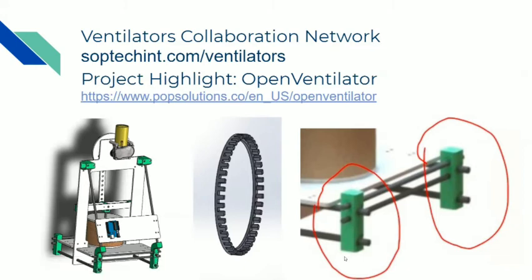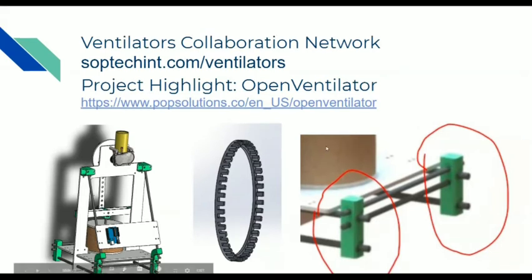Another good thing is that they are easily injection molded. We already found manufacturers that want to help us injection mold those parts. They are very simple, fast, and we can produce them on a very large scale.